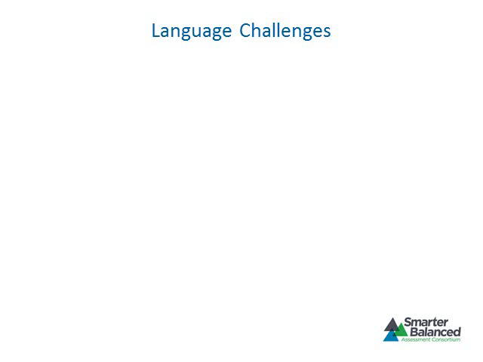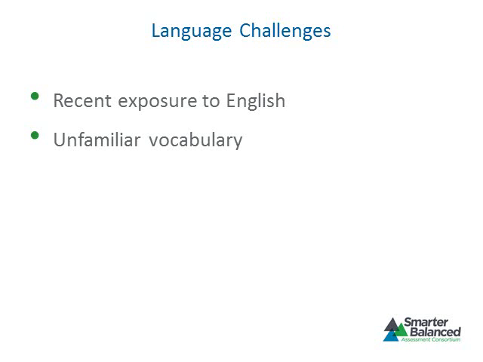Smarter Balanced has thought carefully about potential challenges that the use of language can have on the ability of an item to elicit evidence about an assessment target. Language challenges can occur for a variety of reasons, including students only recently being exposed to and learning English, lack of familiarity with terms, phrases, or contexts that are used to establish a problem, or misunderstanding the meaning of text due to overly complex or poorly constructed phrasing.